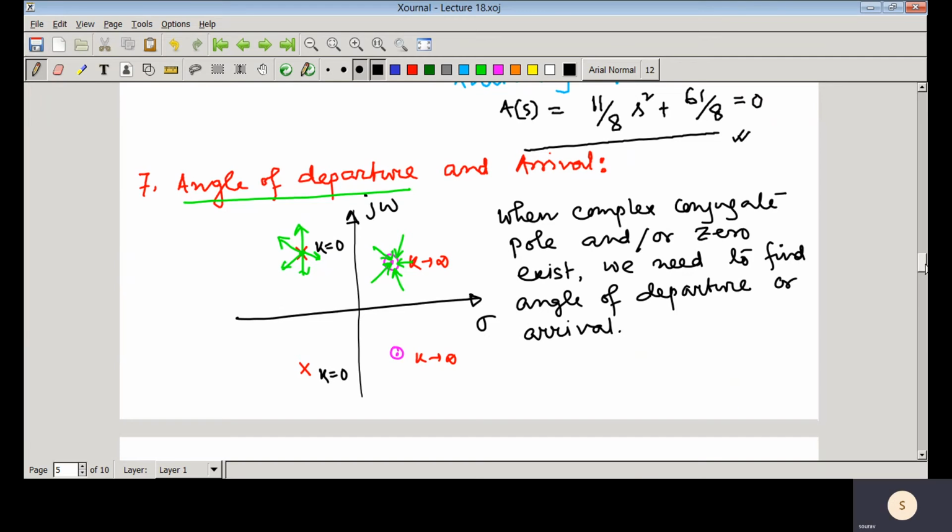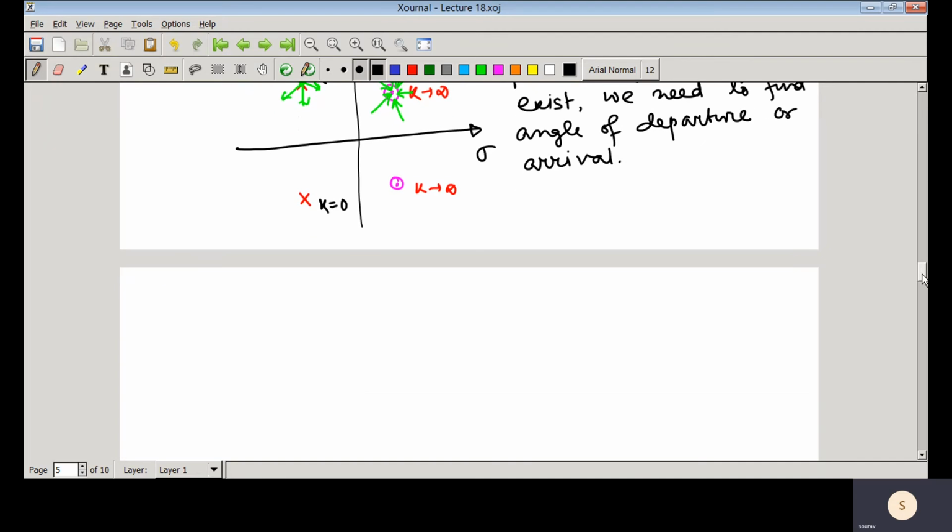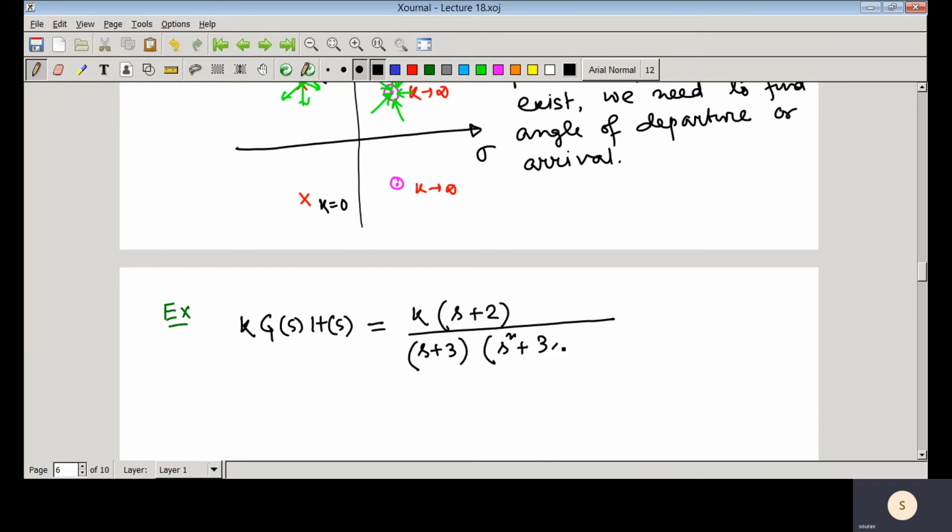Let us understand this particular method with an example. Suppose we have a loop transfer function, K G(s) H(s), equal to K (s plus 2)(s plus 3) over (s square plus 3s plus 2).